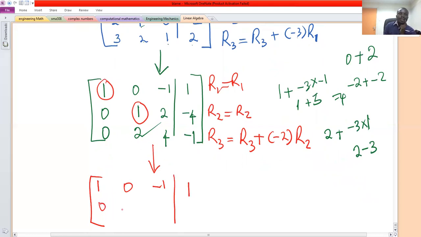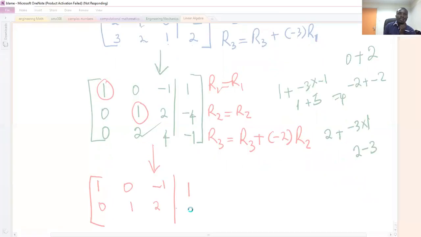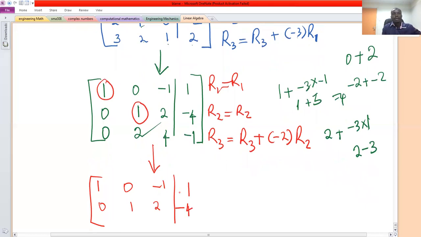Here we'll have 0, 1, 2, minus 4. Then 0, and 4 plus minus 2 times 2, which is the same as 4 minus 4, which is 0.